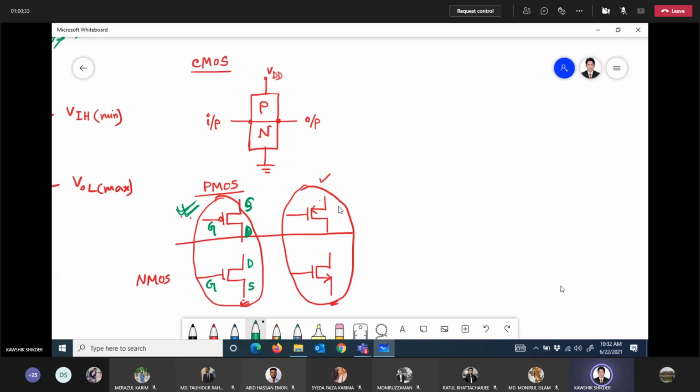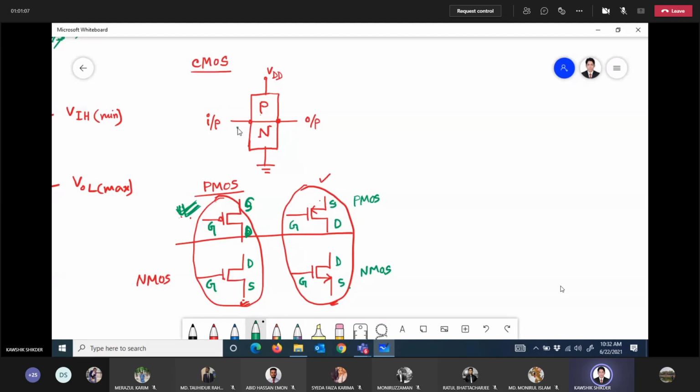In the other symbol, this is gate, source and drain for PMOS, and for NMOS this is gate, drain and source. The direction of current is from source to gate for PMOS, and from gate to source, the opposite, for NMOS. Any confusion? No, sir. So we'll use this set of symbols for PMOS and NMOS.